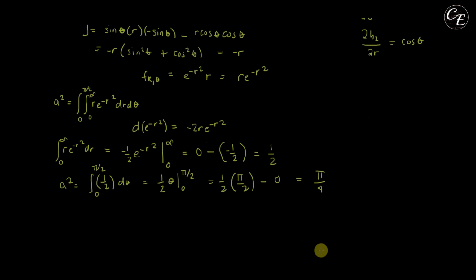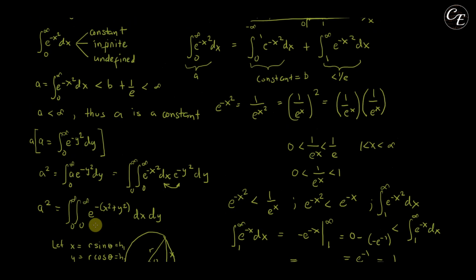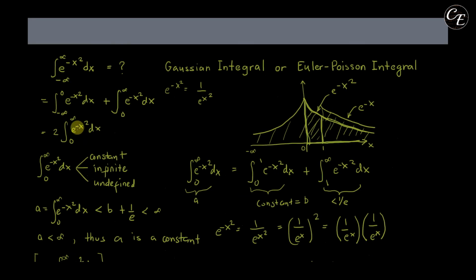Then our a is equal to the square root of pi over 2. Now, this one is a, which is this one. Then what we need is 2 times a.